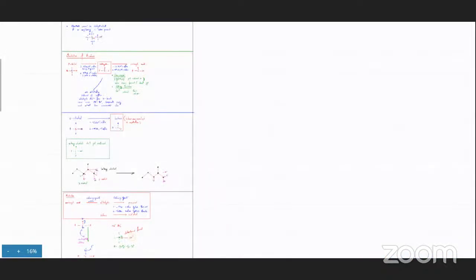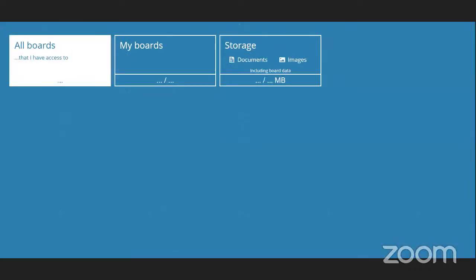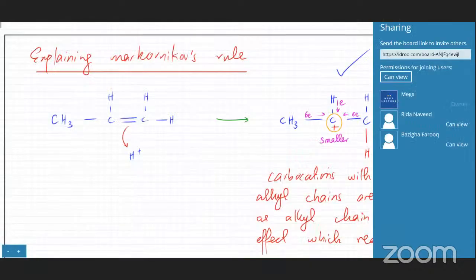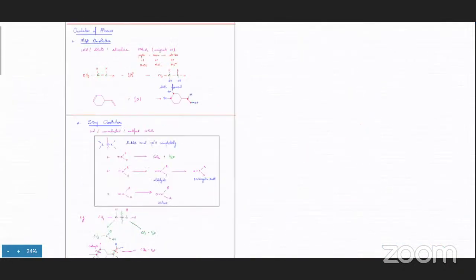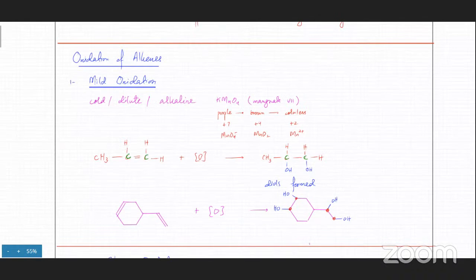Alkenes underwent two types of oxidation. One was mild oxidation. The other one, let me find out if I have the alkene board open. Just 1 second. So probably over here, in this one.